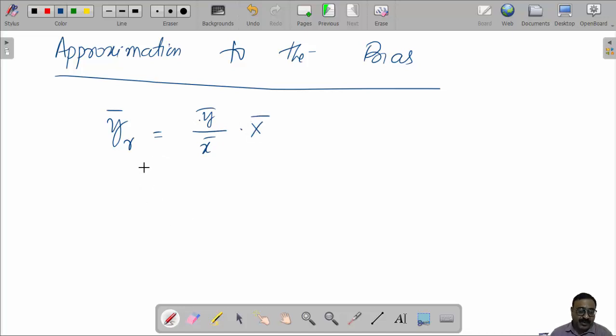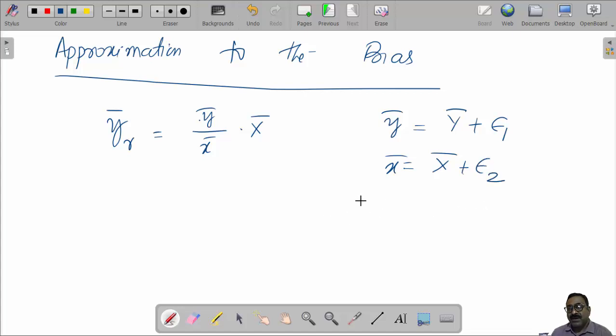So to find the approximate bias, let us define ȳ equal to Ȳ plus epsilon 1, x̄ equal to X̄ plus epsilon 2, where expectation of epsilon 1 equal to expectation of epsilon 2 is equal to 0.